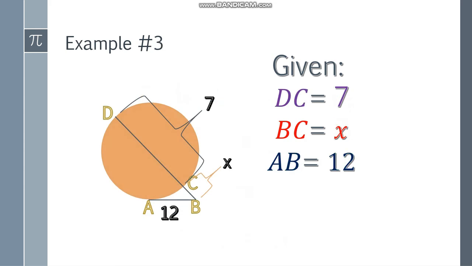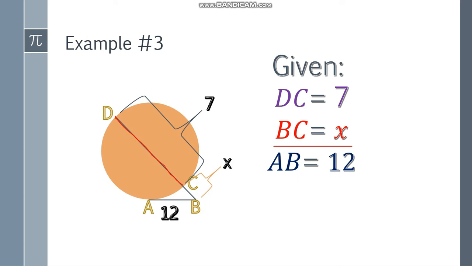Next one. What if we have this one? Given we have DC, remember, DC is just the internal part of the secant. And we have BC, the external part of the secant, which is just X. But we don't know the value of BD.